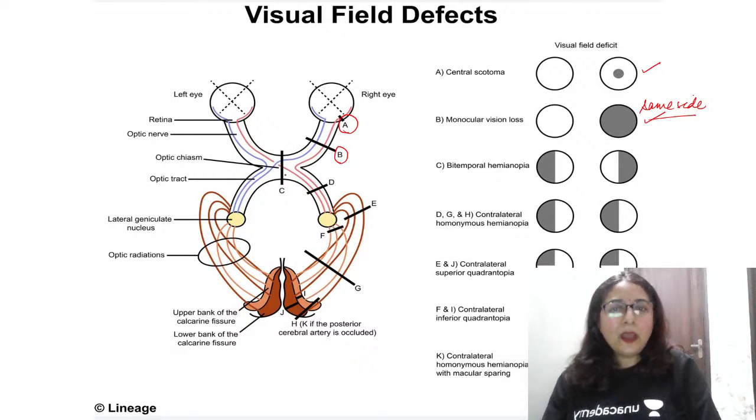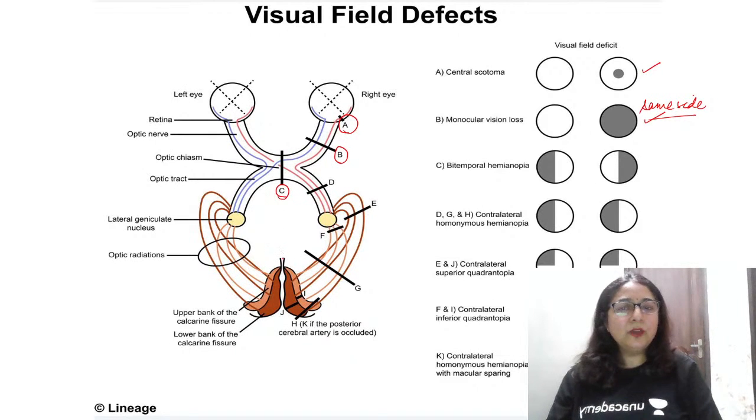Okay. Now coming to the optic chiasma area. We know the central part of the optic chiasma contains the nasal fibers of both the sides which are crossing. So if there is a lesion which is involving optic chiasma, mostly the compressive lesions, they will be damaging the nasal fibers of both sides.